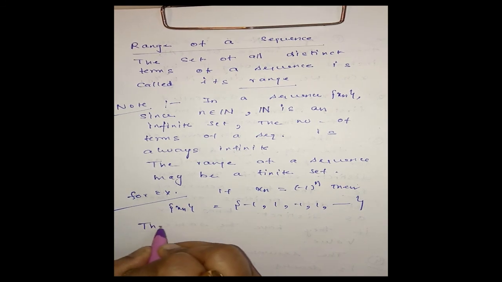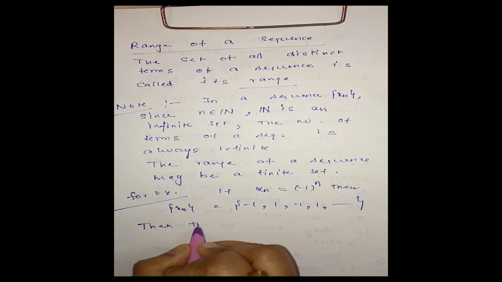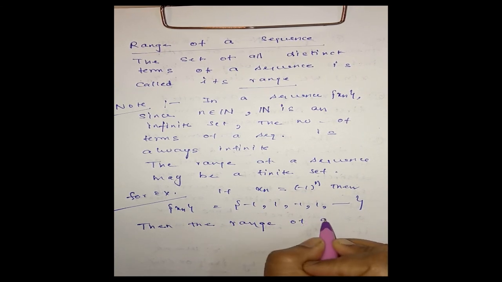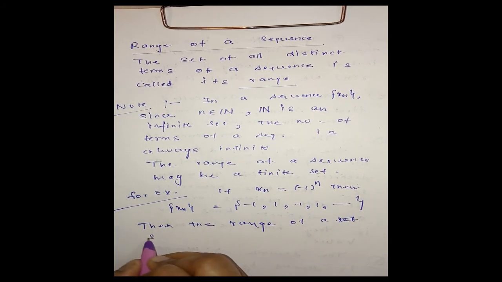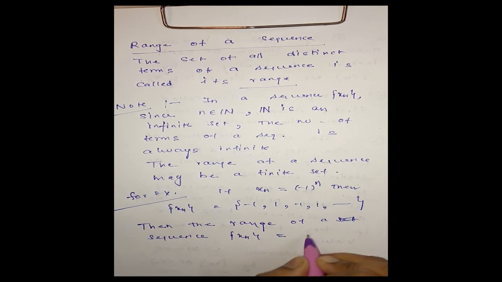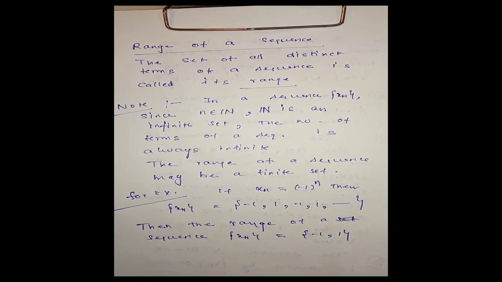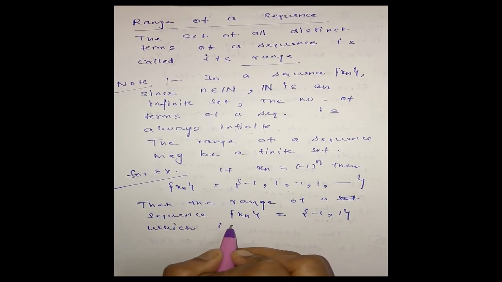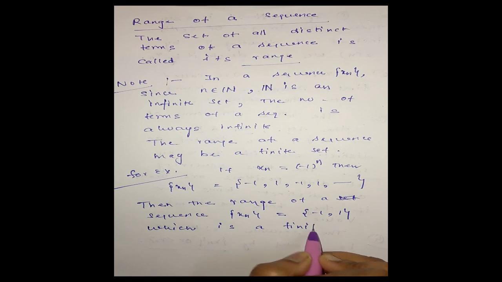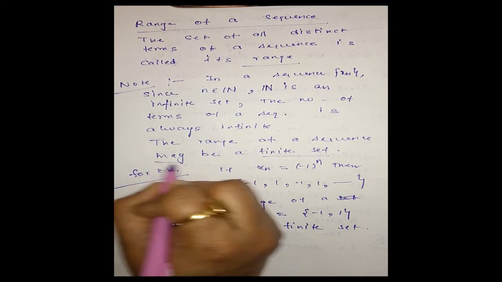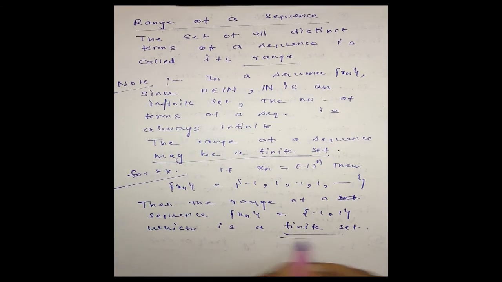Then in this particular case, the range of the sequence xn is equal to {-1, 1}, which is a finite set. Means the range of a sequence may be a finite set. Clear?